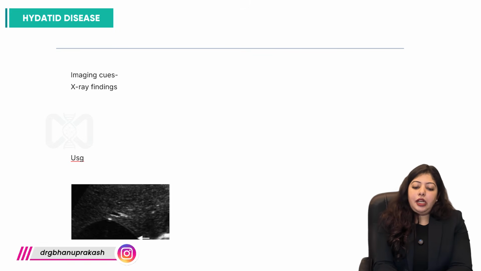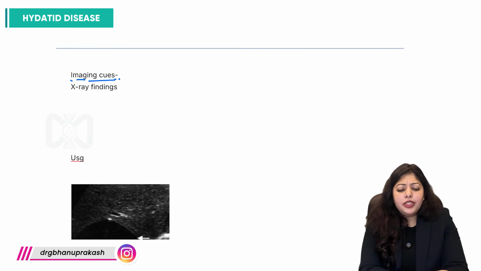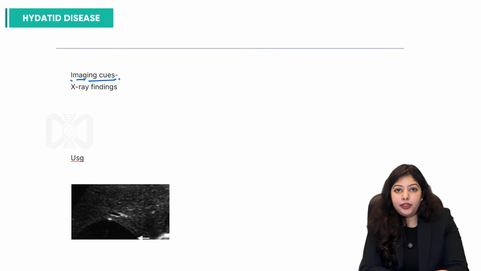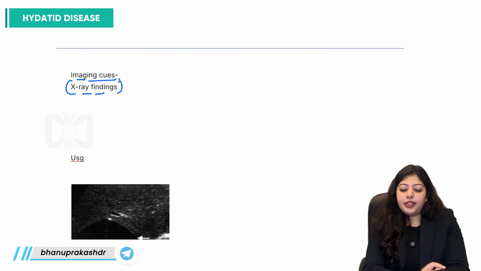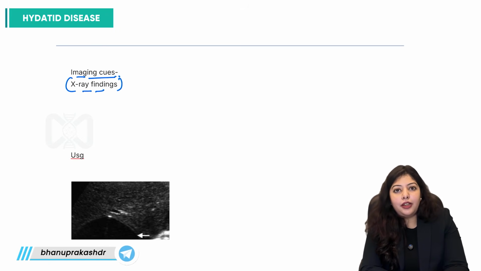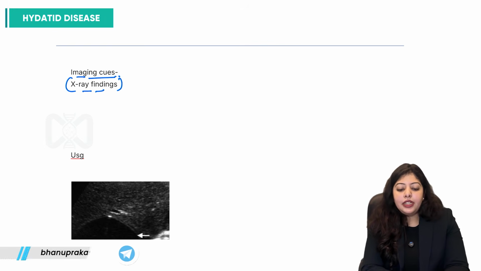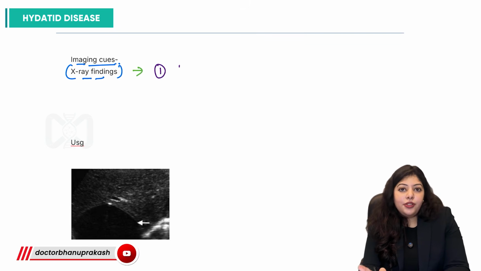Right? So now the images. When we say we require imaging to make a prompt diagnosis, the first thing is X-ray findings. Why do we require X-rays when these cystic or fluid-filled cavities can be detected very well under ultrasonography, right? Firstly, X-rays are going to help us with the location of the cyst in the lungs, whether the cysts are present in the lungs or not.